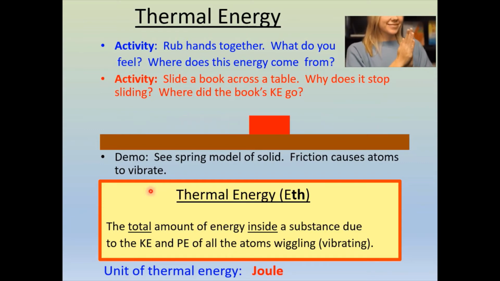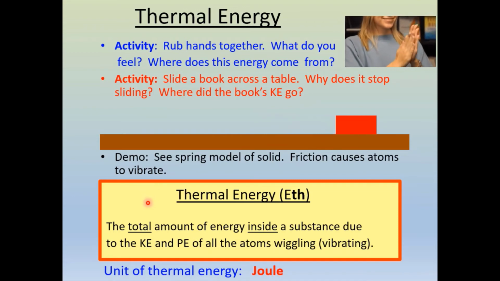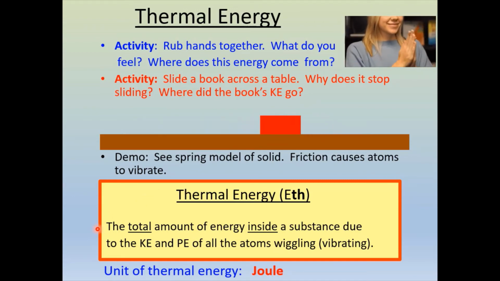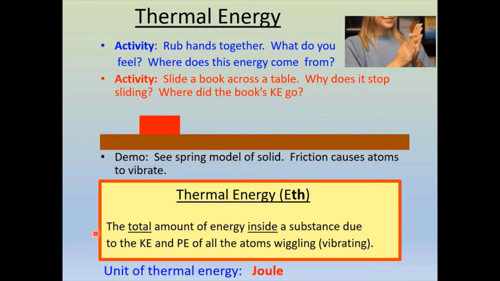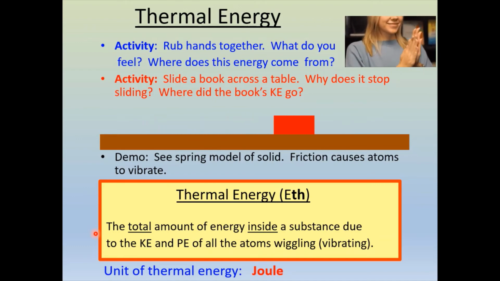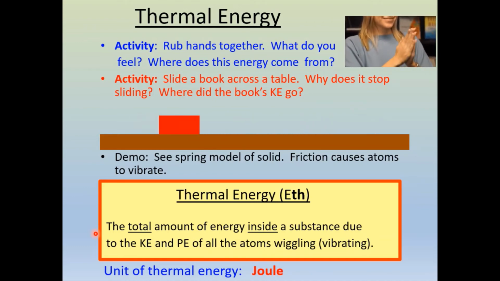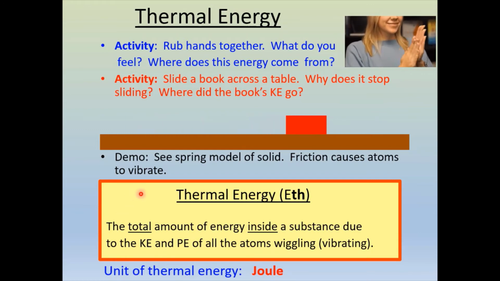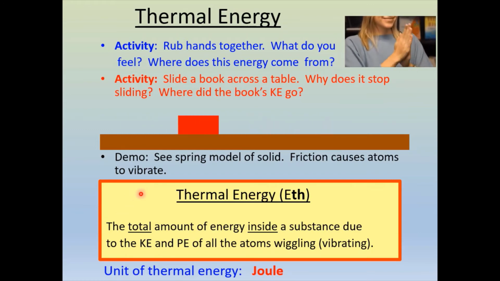So what is this new type of energy called thermal energy? It's the total amount of energy inside a substance due to the kinetic energy and potential energy of all the atoms wiggling or vibrating. All right, so thermal energy is a new type of energy for us. It's a little bit different because it's an internal energy.